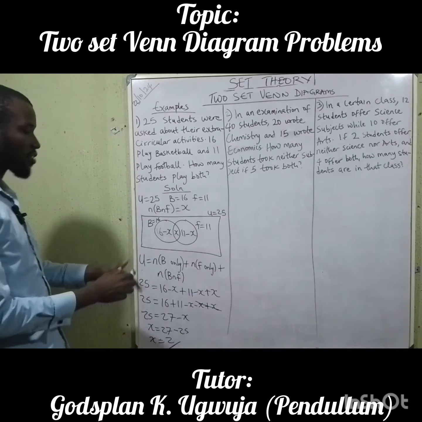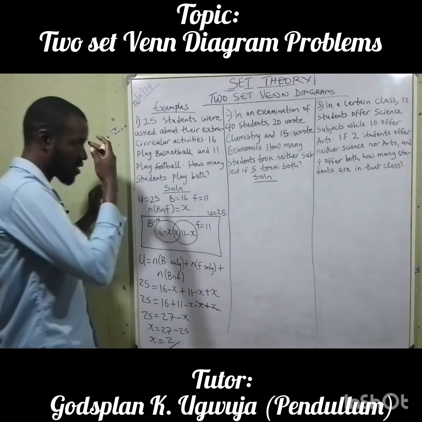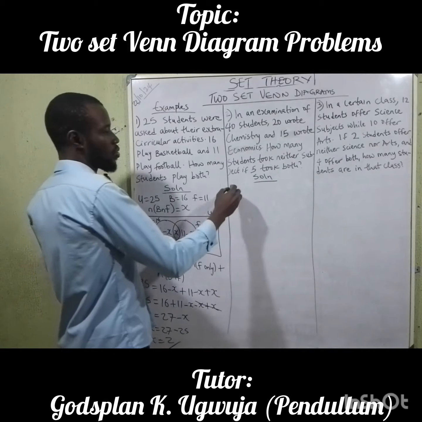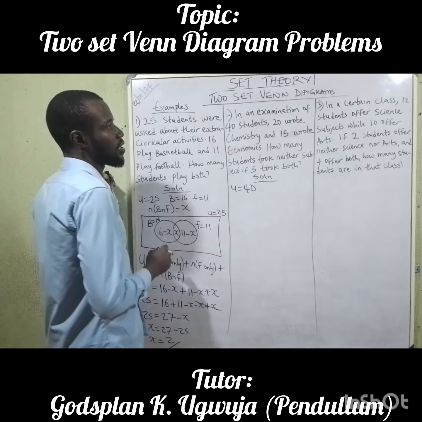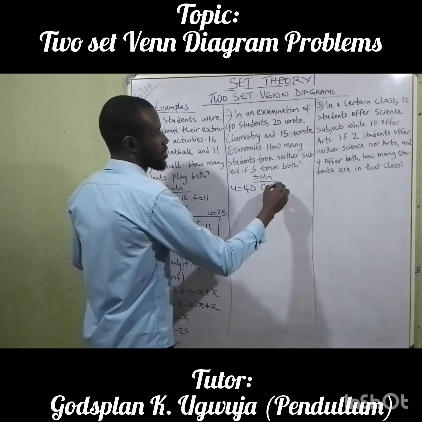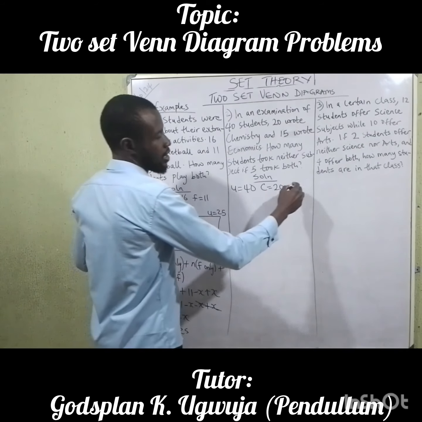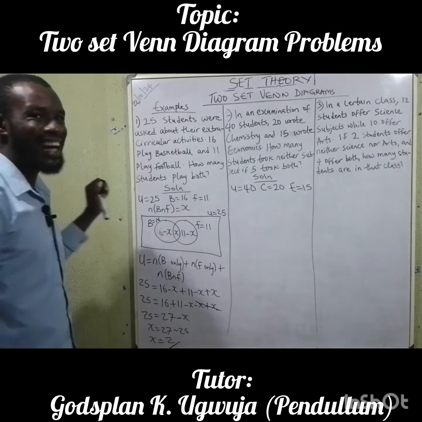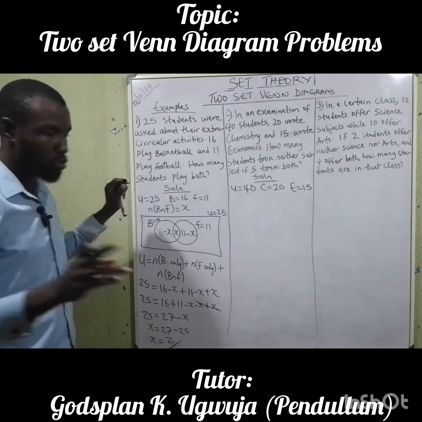It's quite straightforward. Now in this example, there is a slight difference, because here they said in an examination of 40 students, so our universal set is 40, the total number of students. 20 wrote chemistry, so chemistry students we have 20. 15 wrote economics, economics students we have 15. How many students took neither subject if 5 took both?